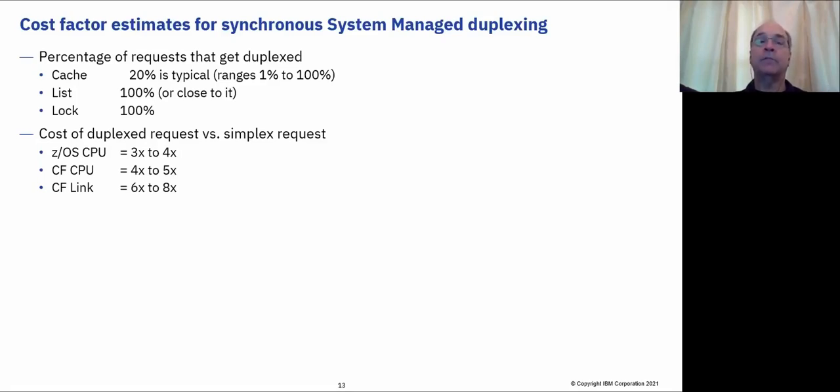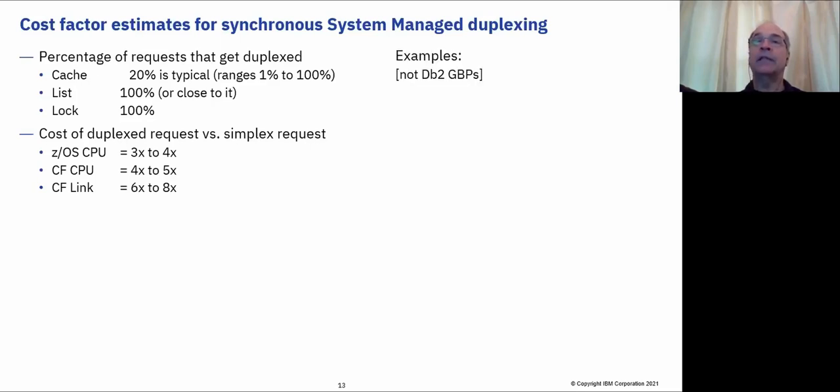For the CF engines that are running the CF requests out there in the CF LPAR, we're looking at 4 to 5 times difference. Now this plays into the 3 to 4 times difference we see in z/OS, but it also makes the CF LPARs busier. So potentially this kind of increase could change your CF capacity plan. And of course, your CF links, if you have enough links, the 6 to 8 times is probably not going to become a problem. If you're short on links, this could definitely become noticeable.